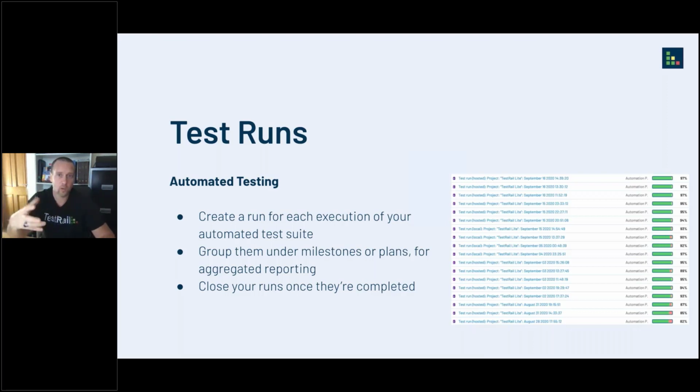It's possible that you may want to keep your automated test runs outside your project milestones. There's a strong likelihood that your automation is going to be running throughout the entire life cycle of your project. Your automation isn't running on a sprint basis.